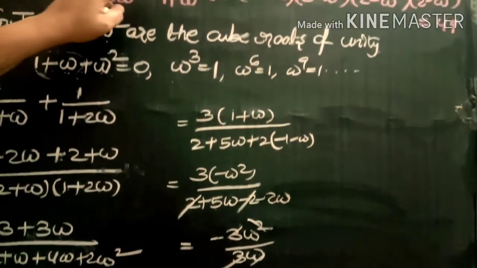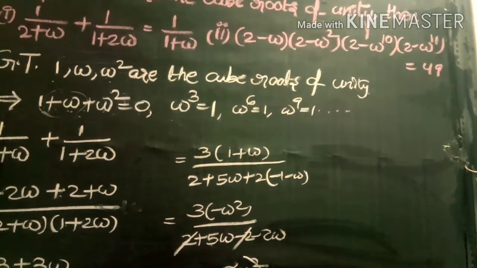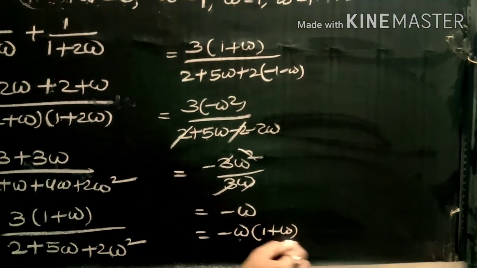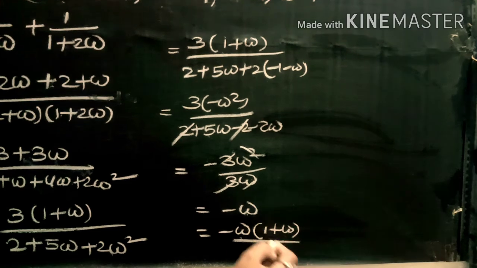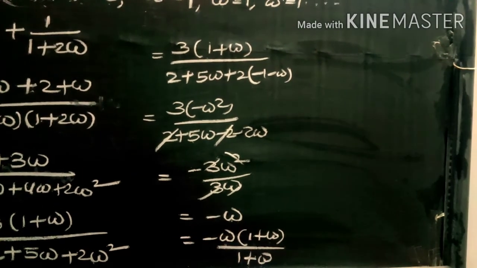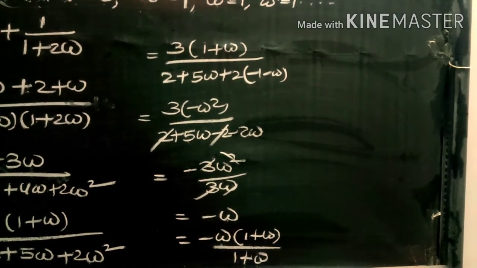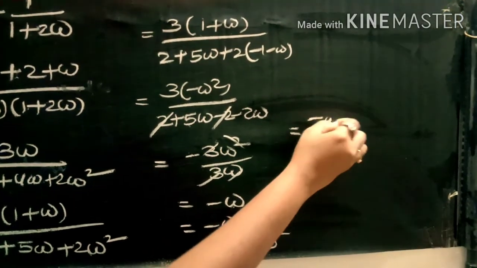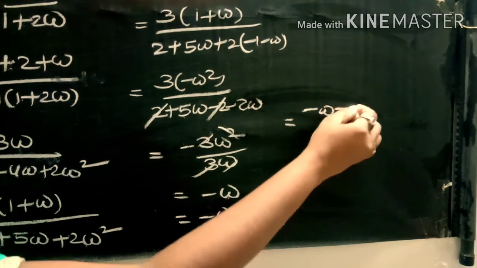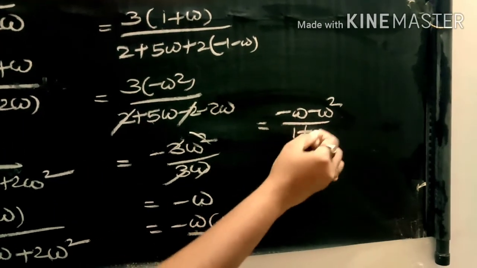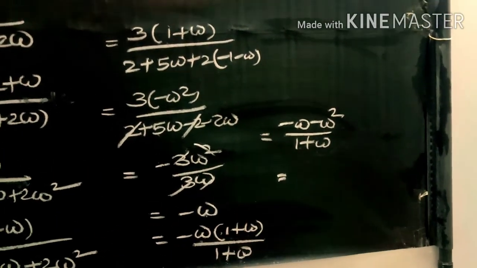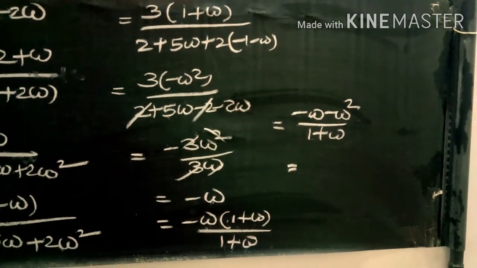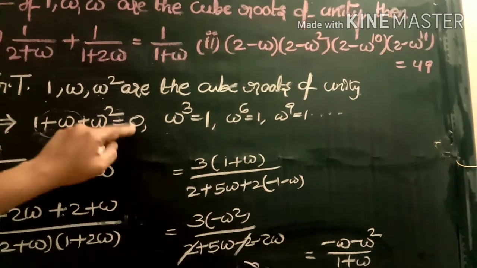But here we want the value 1 by 1 plus omega. In the next step we take this value as minus omega into 1 plus omega by 1 plus omega. This is equal to minus omega minus omega square by 1 plus omega. Now what is minus omega into minus omega square? Here we want the value 1, so 1 is equal to minus omega square.